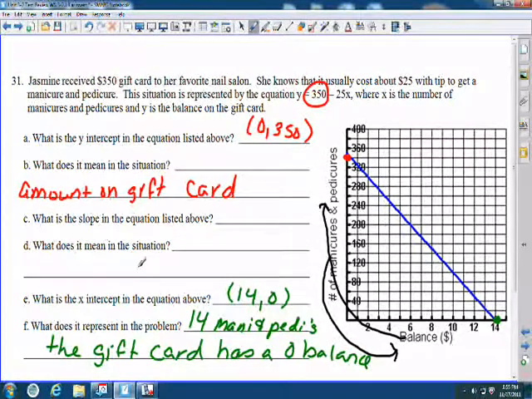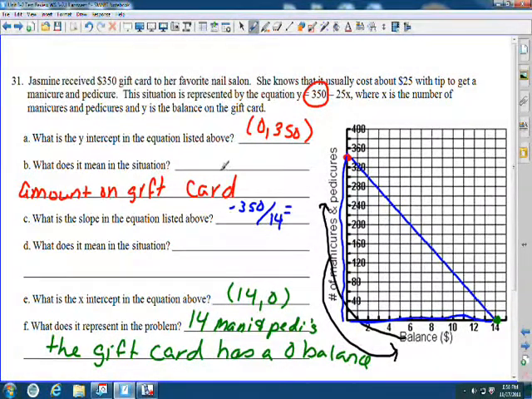Well, the slope. I know that my slope is going to be y per x. Well, let's figure this out. I go down 350, so negative 350 over 14. So if I divide that, let me grab my calculator. I'm going to get 350 divided by 14, which is 25. Oh, why did I even do that?